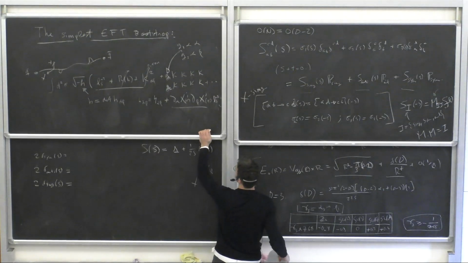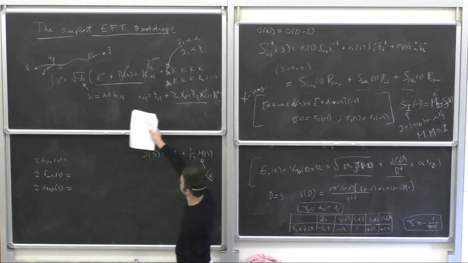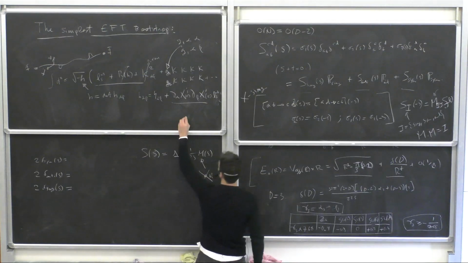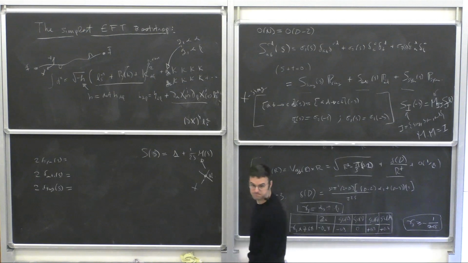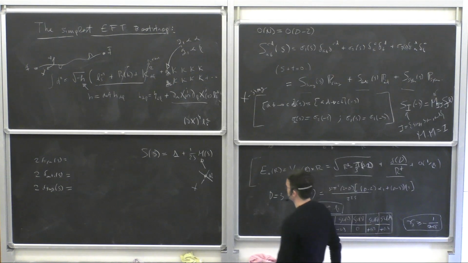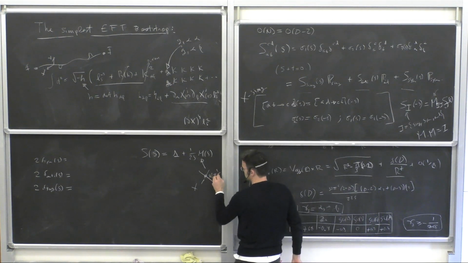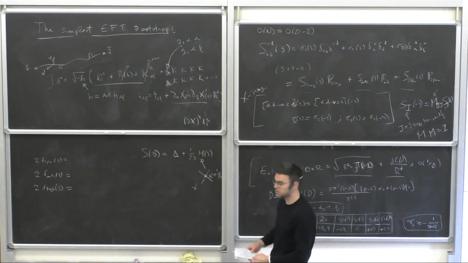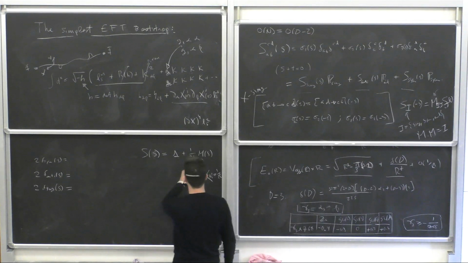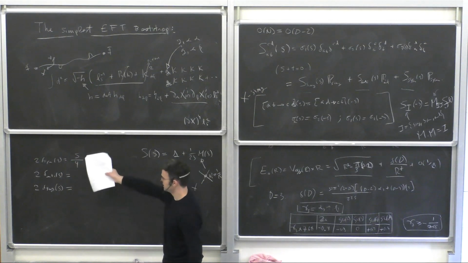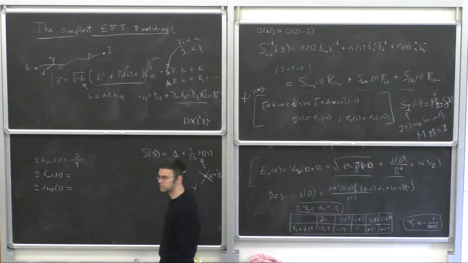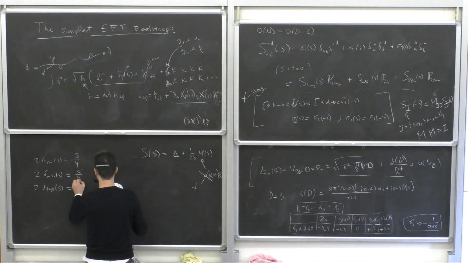You need to expand the square root inside here, and the leading term is going to be something like d^4x with an L_s squared, which is 1 over the cutoff, 1 over units of energy squared. This is the leading correction. So you see from this equation that this phase shift starts with S over 4. All of them start like this.